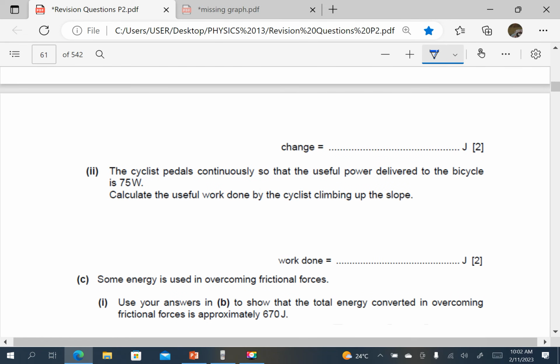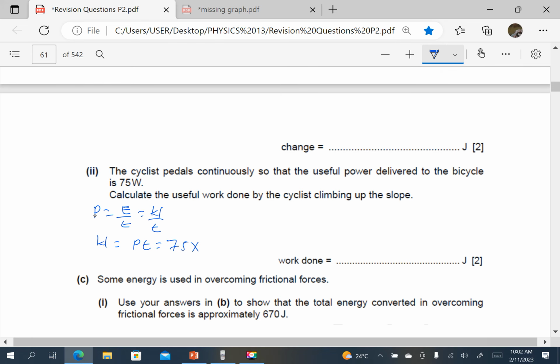So we know that power is equal to the rate of transfer of energy, that is energy transferred over time, which is the work done over time taken. So we want the useful work done, which is going to be the power times the time. The power is equal to 75.